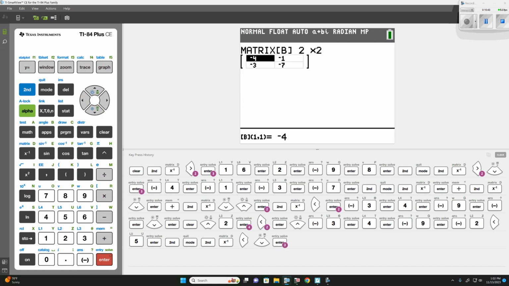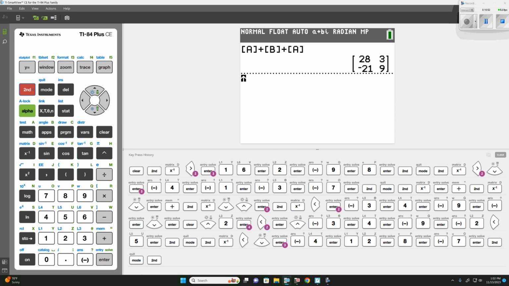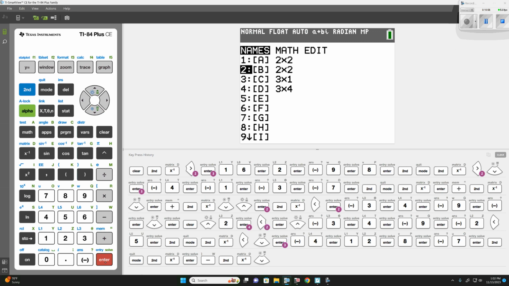B, which is also 2 by 2. -4, 12, 8, -7. Now this time it wants matrix A minus matrix B.